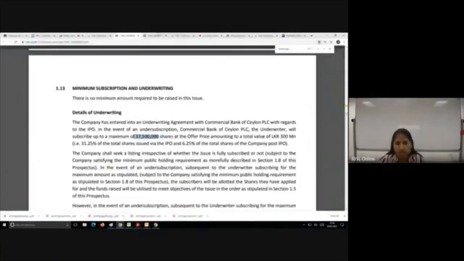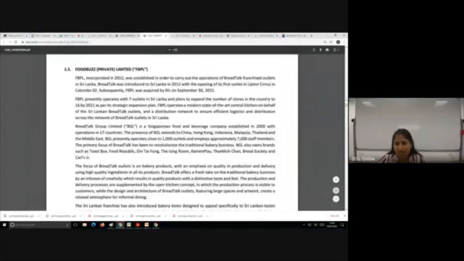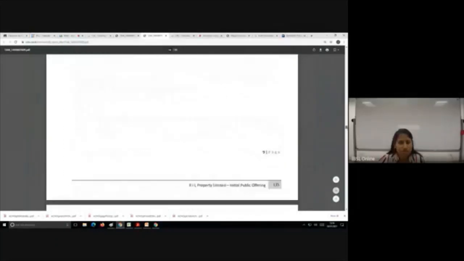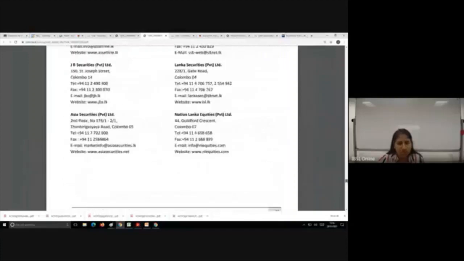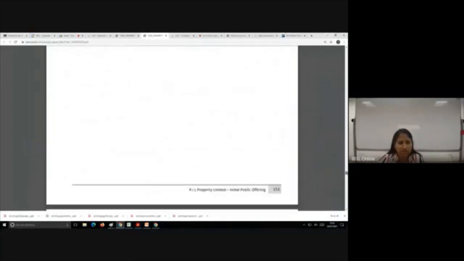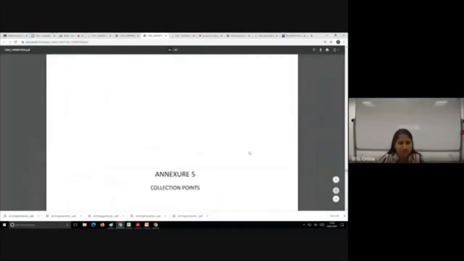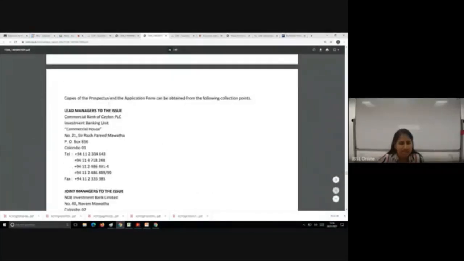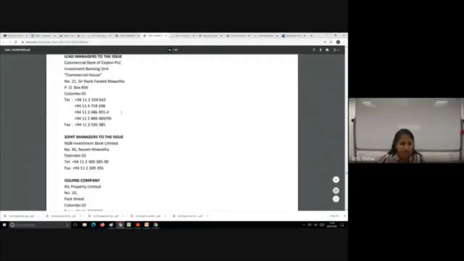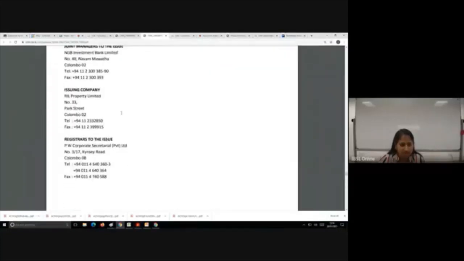Now here, in this particular attachment, they have given all the ways in which you could approach. So here, all the applications for the IPO. There's a separate annexure for collection points. You can collect the prospectus and the application from these four parties.